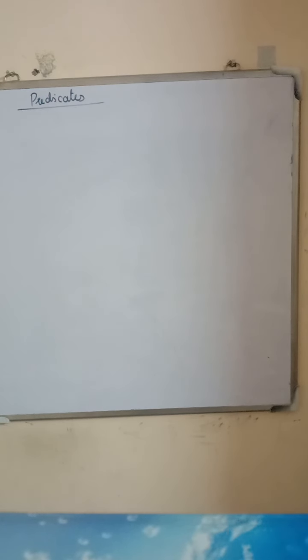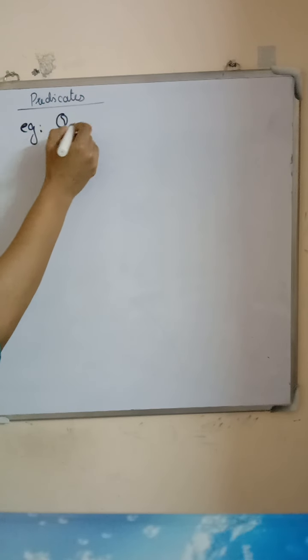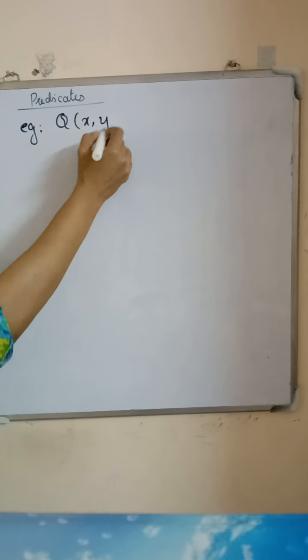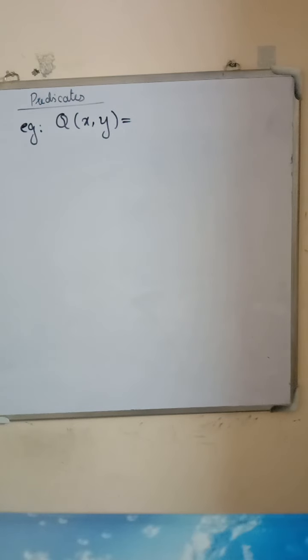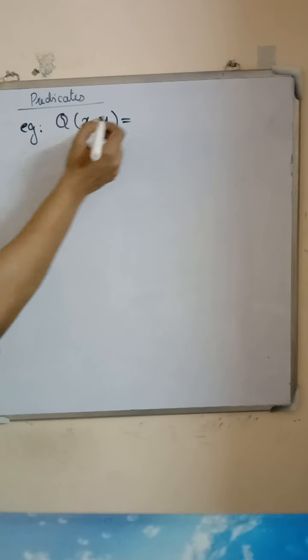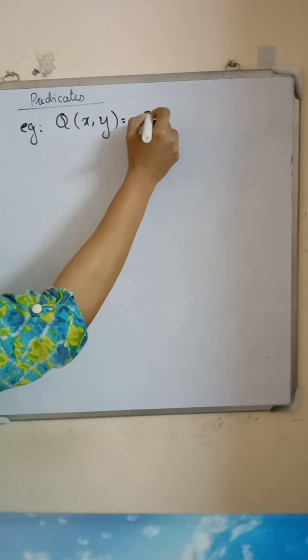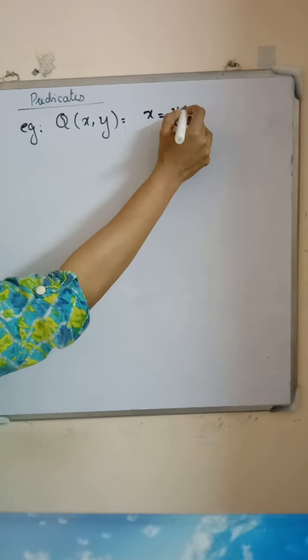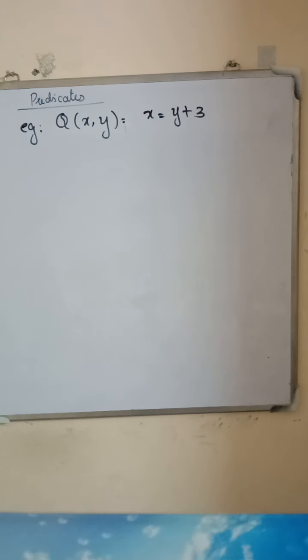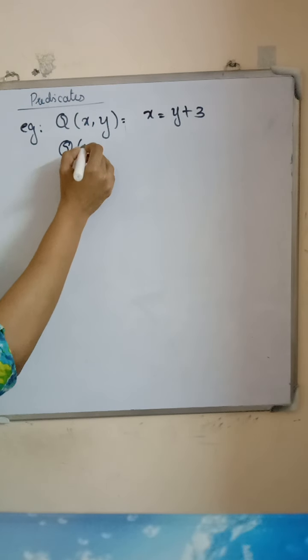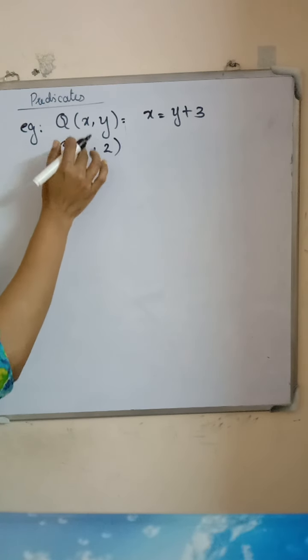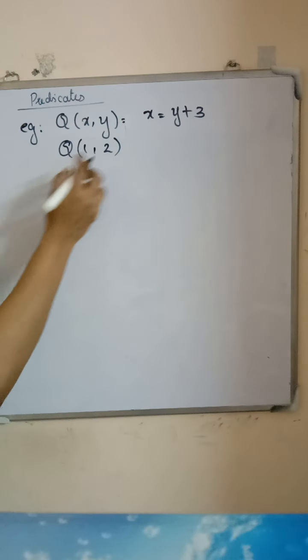For example, we consider some predicates. First example, Q of x, y is x is equal to y plus 3. We put values 1 for x and 2 for y.